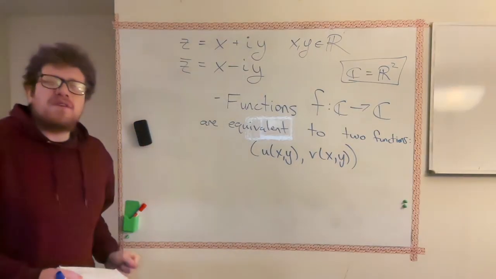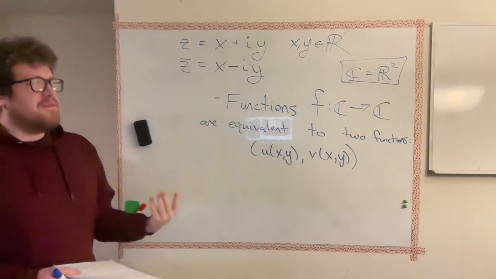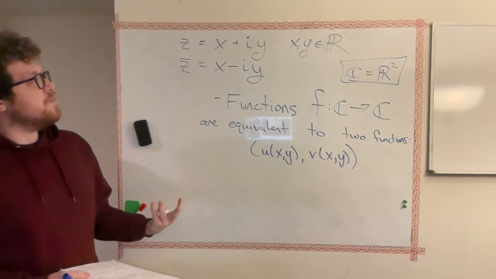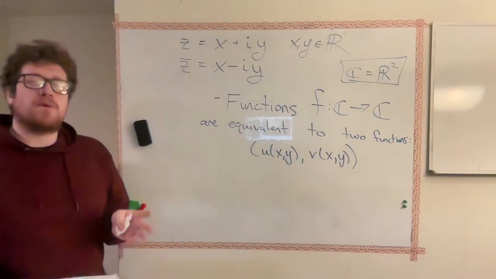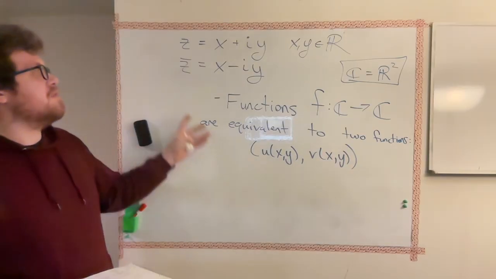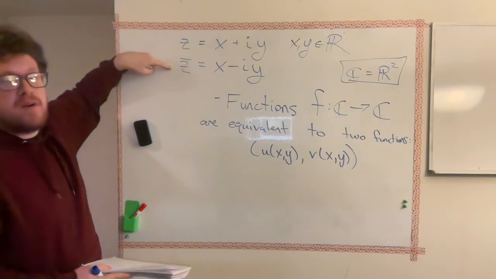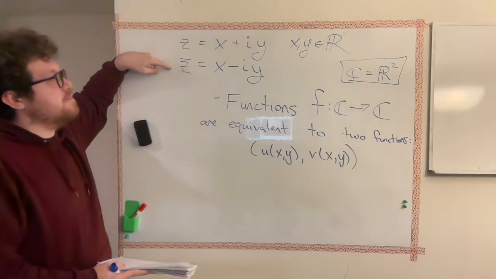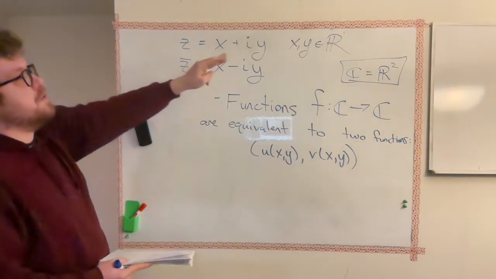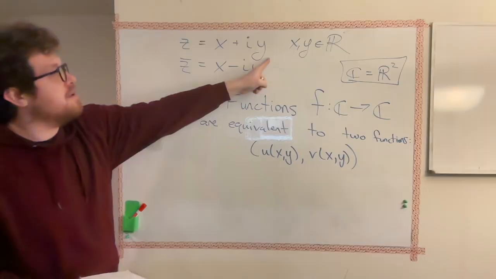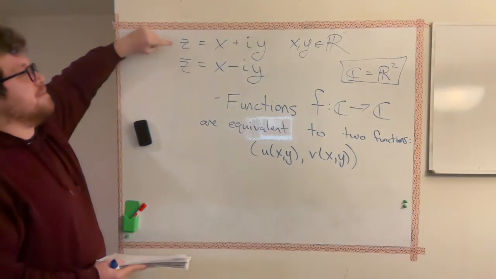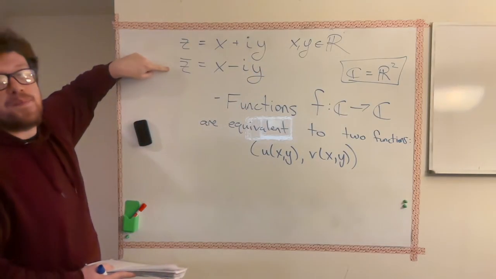But there's another way to look at functions, and I always found this very confusing when I first learned it: you can view the functions as functions of these two transformed variables. So instead of viewing things in the xy variables, we can view them as z and z bar.